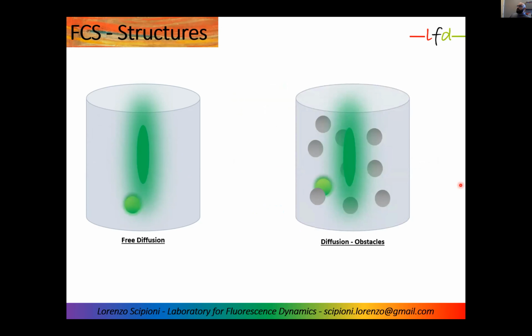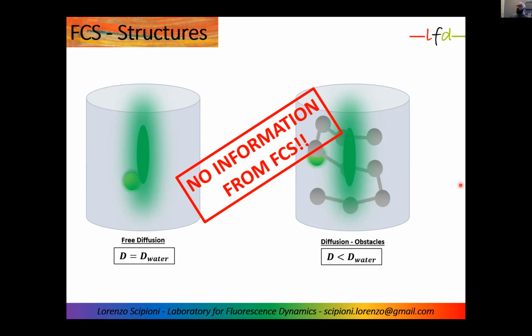But what happens if, instead of a solution, you have diffusion through obstacles, obstacles that may be represented by either molecular crowding or a structure, more or less complex? What you get from FCS is just a diffusion coefficient which is slower than the diffusion in water, which is expected. It's what you get in cells, but it doesn't report on what is actually happening inside your illumination volume.